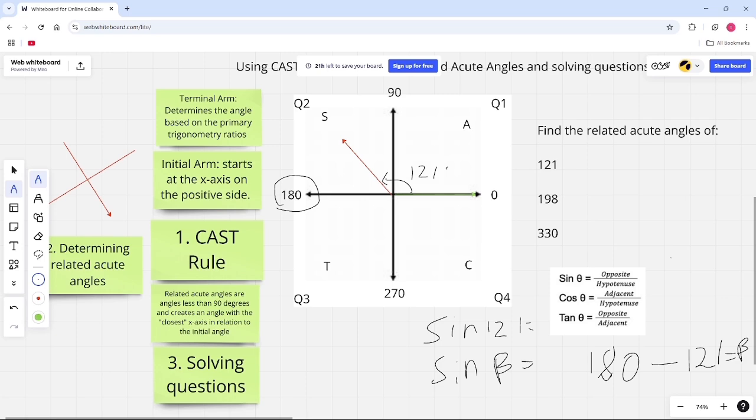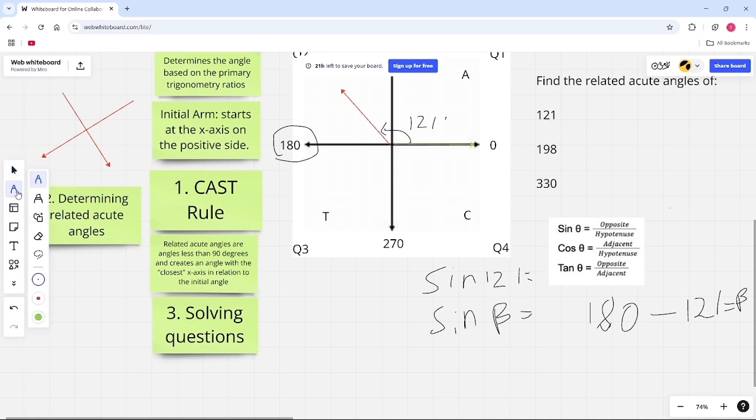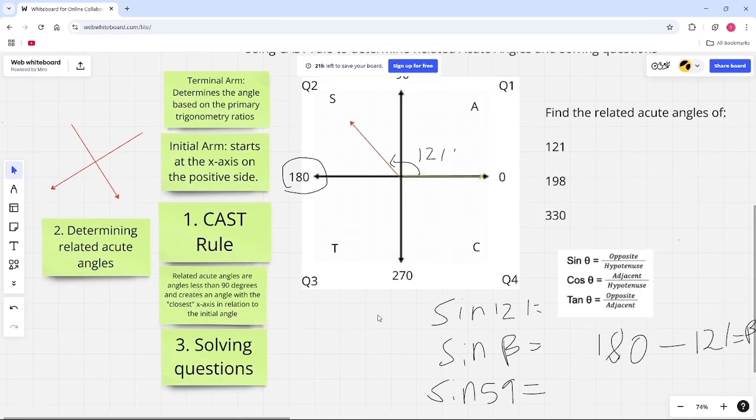So if you put beta equal to 59, you'll see that sine 121 is equal to 0.86, and sine 59 is equal to 0.86.